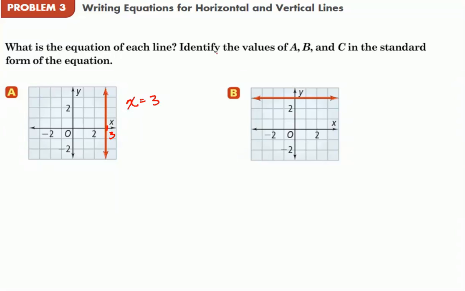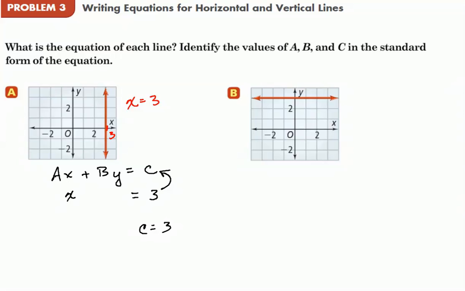Now, if we want to find out what is A, B, and C, we're going to go ahead and write the standard form. The standard form is ax plus by equals c. So x equals 3. So I'm going to go ahead and say that x is going to be here. So here's my x, and that's going to equal 3. So I already know that c is going to be 3 because that's the equation there.